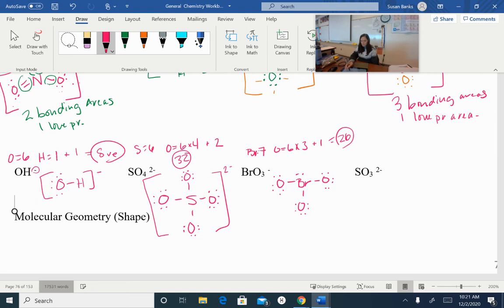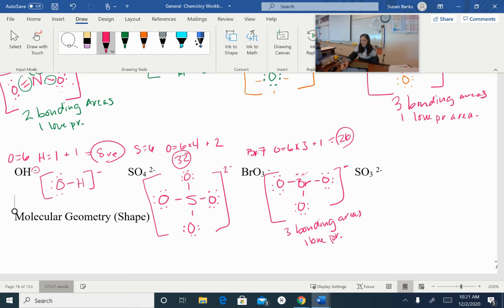So 8 times 3 is 24, plus the lone pair on the top of this bromine gives me 26. So I have indeed used my 26 electrons. I'm going to bracket that up, put the charge. Now on this center atom, I've got 3 bonding areas. And I've got 1 right here, that 1 lone pair.